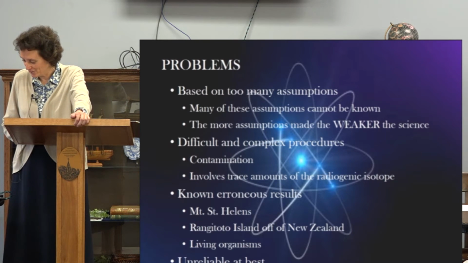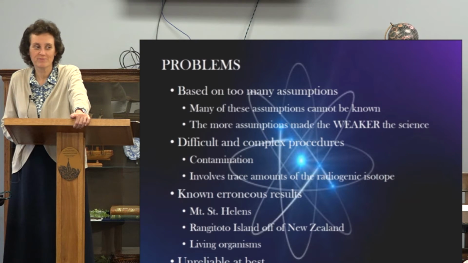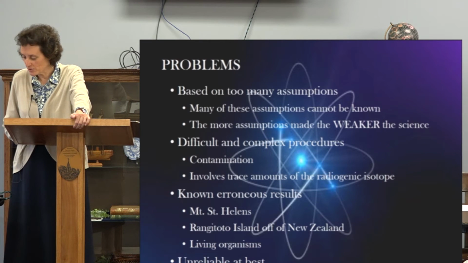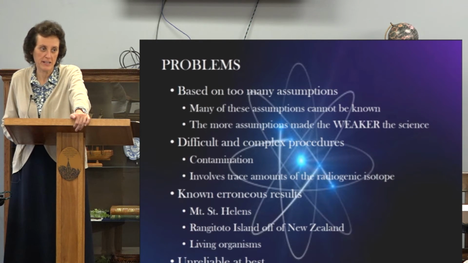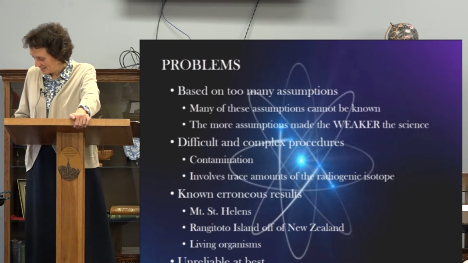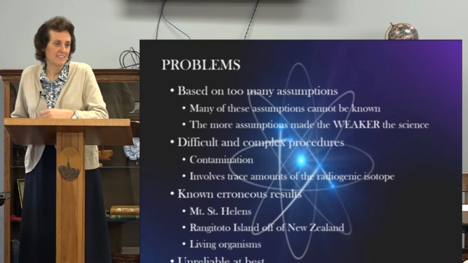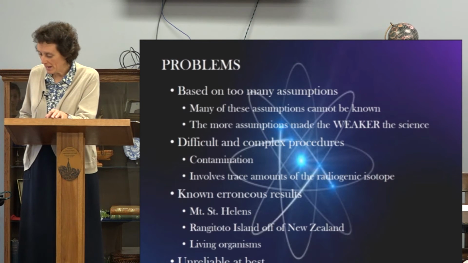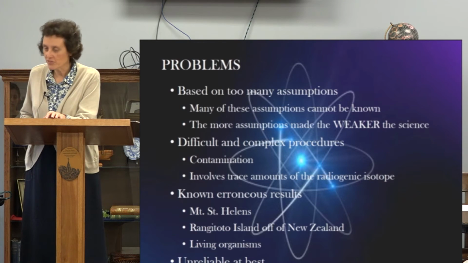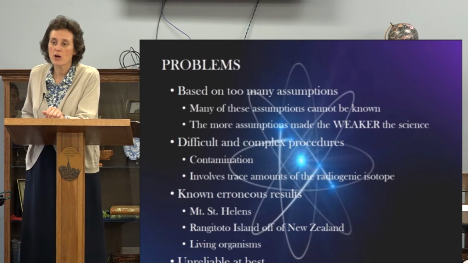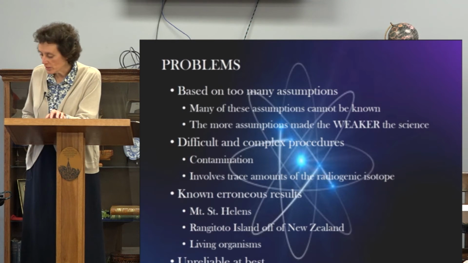We've got snails that are 2,000-plus years old, living snails. We also have dated living trees by radiocarbon and gotten 10,000 years old. So we have known erroneous results. All in all, radiocarbon dating is unreliable at best. So it comes down to, who are you going to trust?